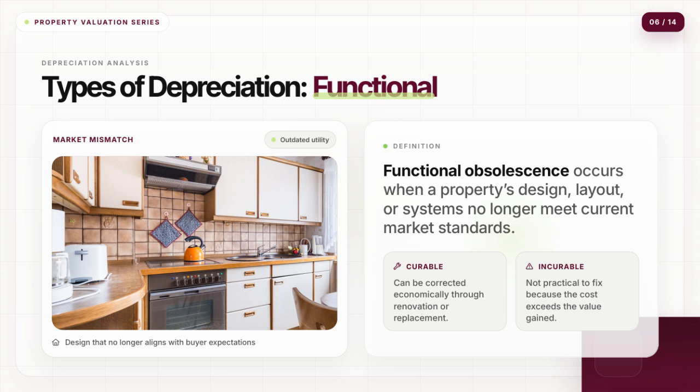Functional depreciation is categorized into two types: curable and incurable. Curable depreciation can be fixed economically through renovations or replacements, meaning the cost to improve the property is reasonable compared to the value it adds. On the other hand, incurable depreciation refers to issues that are not practical to fix because the repair costs exceed the potential increase in property value. Understanding this helps us determine whether investing in upgrades makes financial sense for this property.